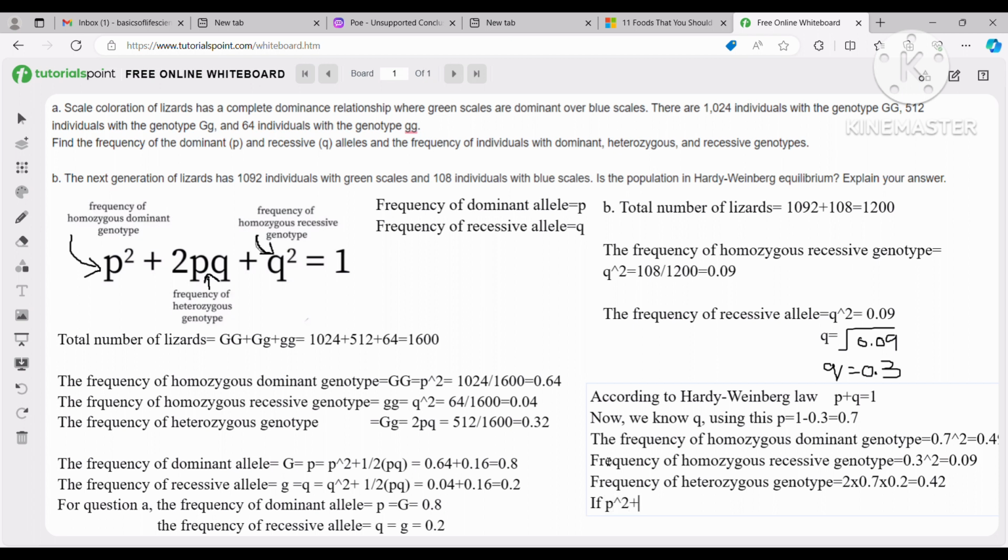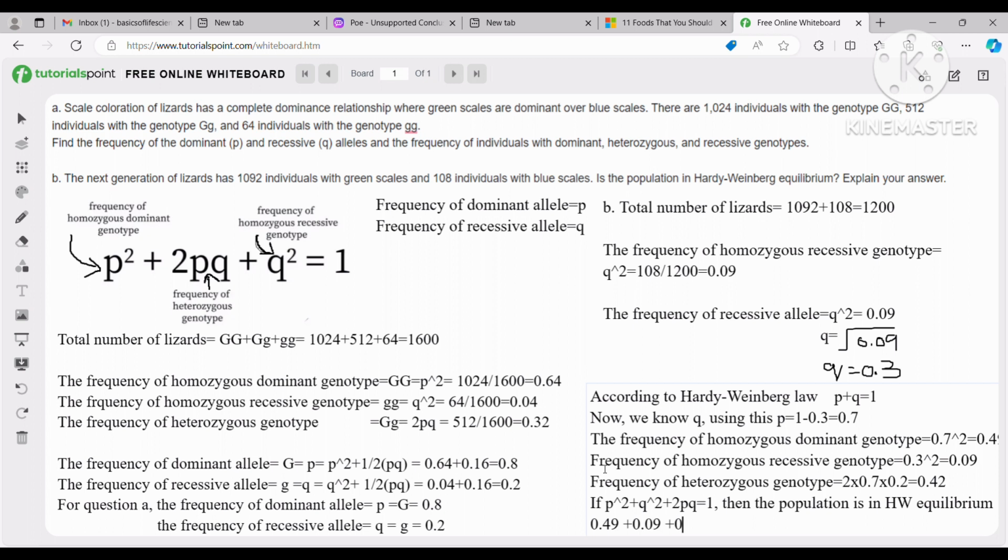That is the reason, to solve this kind of problem, we take the help of the frequency of the homozygous recessive genotype. Homozygous recessive genotype means they carry both recessive alleles, so their phenotype is recessive. Here you will not have any confusion because they truly have two recessive alleles.